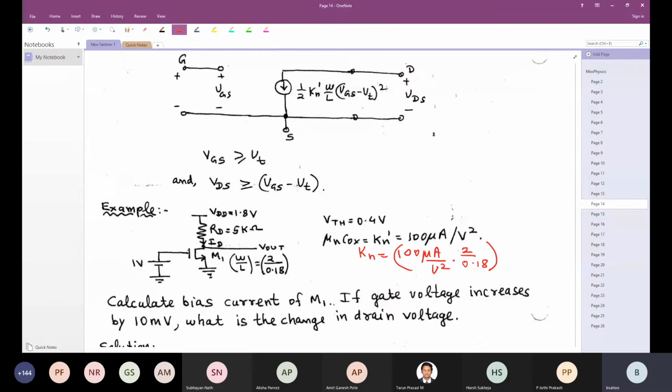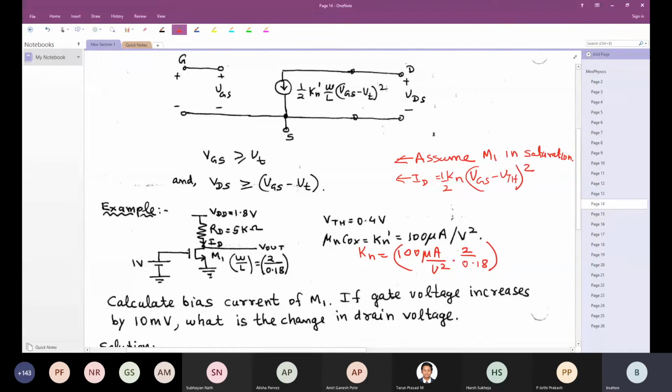So basically what we do is, we'll say assume M1 in saturation. If I assume M1 in saturation, then ID equals 1/2 Kn (VGS minus VTH) squared.